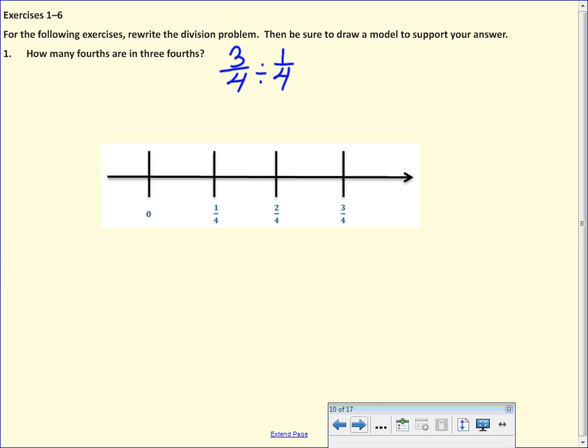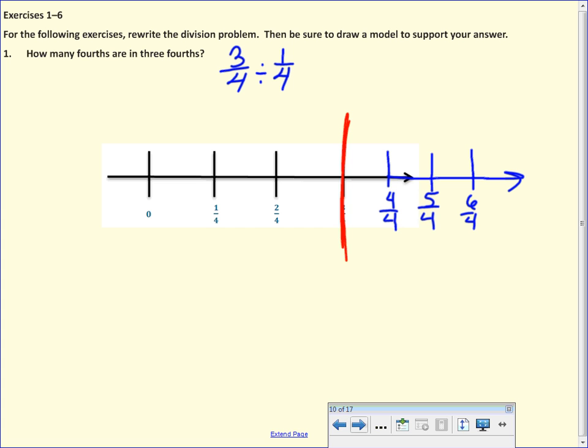So on my number line, I counted up my number line by fourths, 1/4, 2/4, 3/4. I can continue my number line as far as I want, because number lines go on forever. But we're going to stop here. We're only looking at 3/4. That's where we're going to stop.